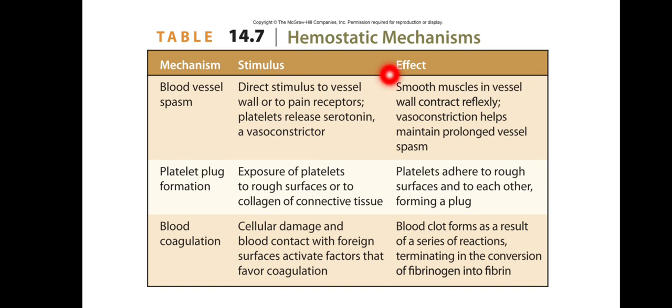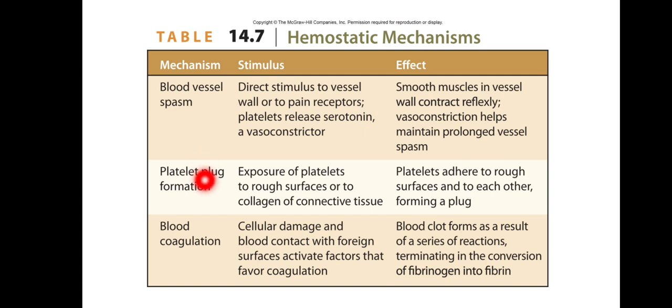Then what is the effect? Smooth muscles in the vessel wall contract reflexively, okay? Because there is pain, the smooth muscles are going to contract reflexively. Then vasoconstriction helps maintain prolonged vasospasm, because the blood vessels have constricted and the smooth muscles are contracting reflexively to prevent blood loss.